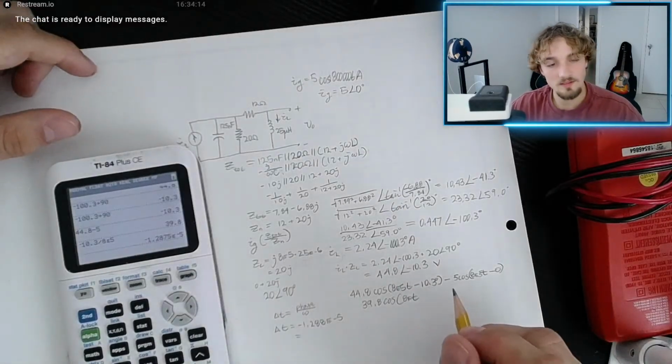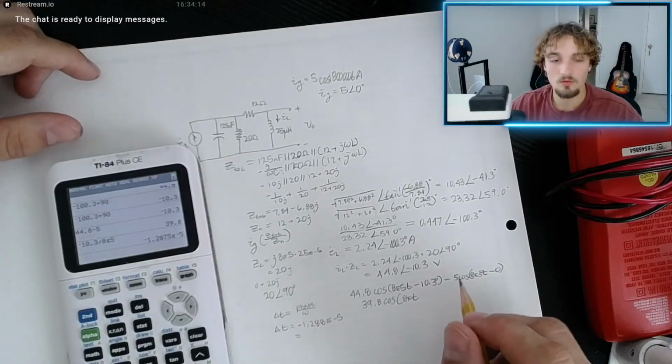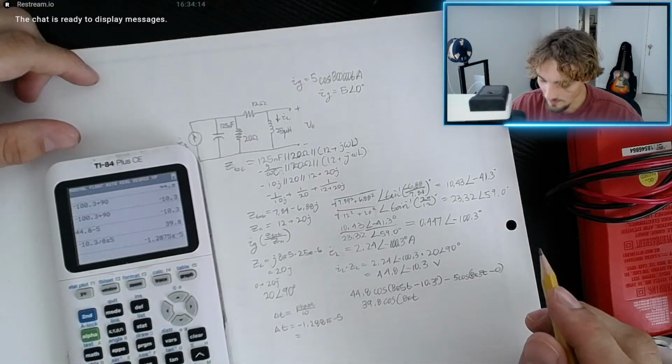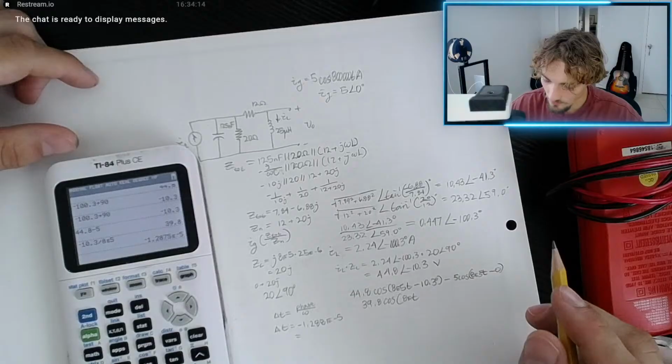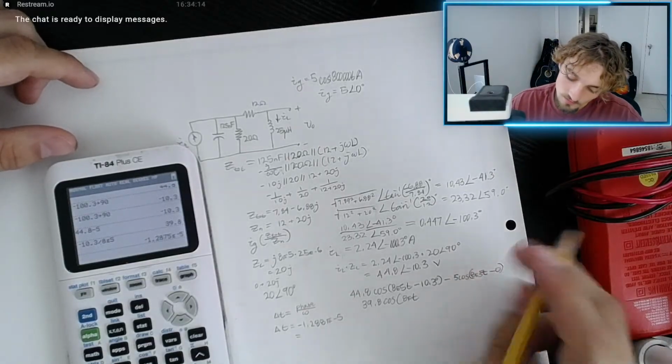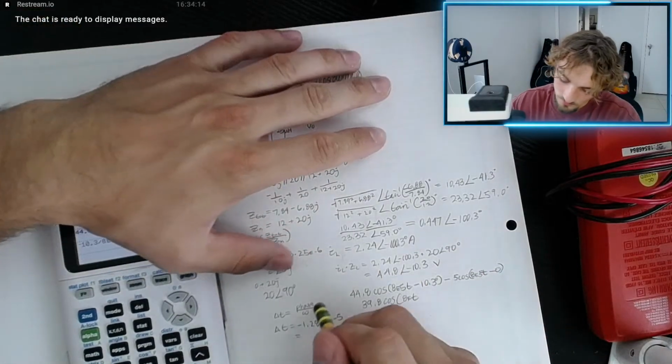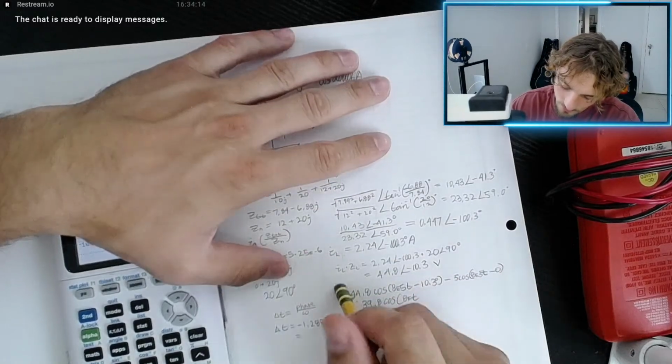So delta T equals theta in radians over omega. Oh, that's literally why, because I didn't have it in radians. I had it in degrees. So, okay. Phase in radians.